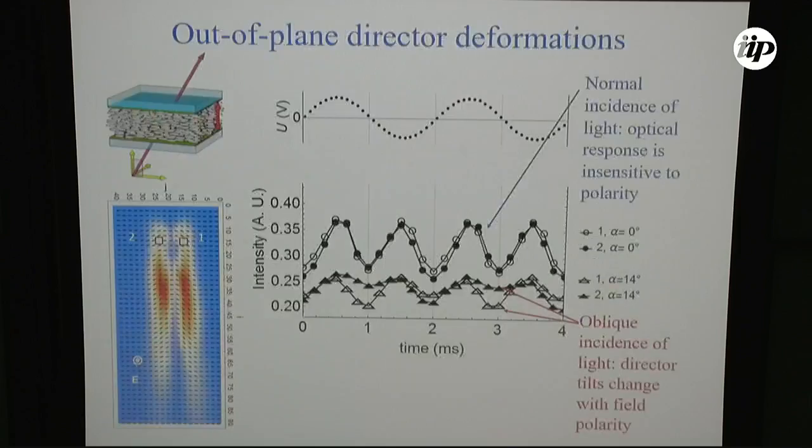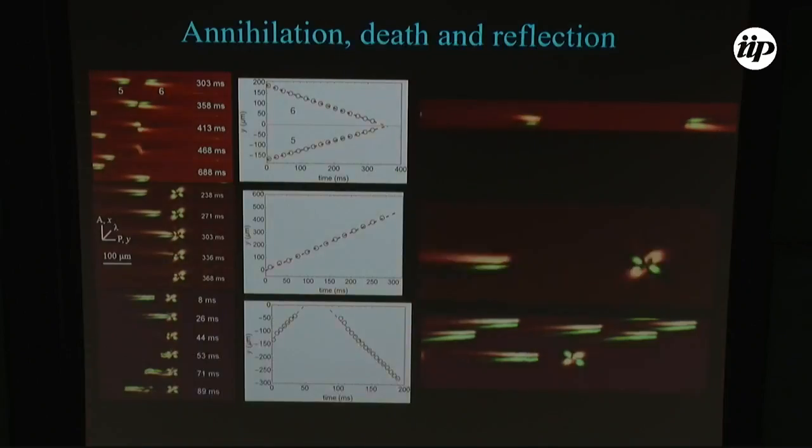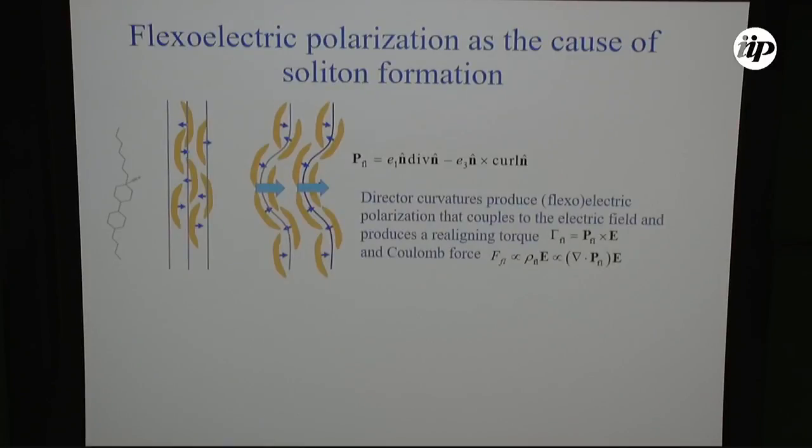Practically any director deformation causes the flexoelectric polarization. It's easy to understand from this picture. If the director is uniform, then these shapes can be looking to the left and to the right with the same probability. The dipoles would kind of cancel, compensate each other.